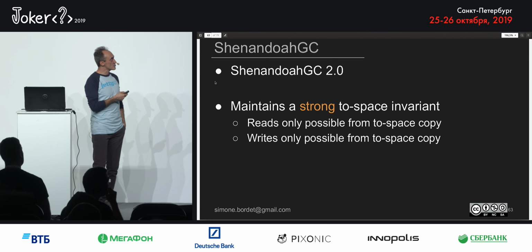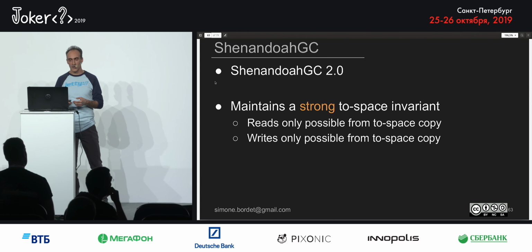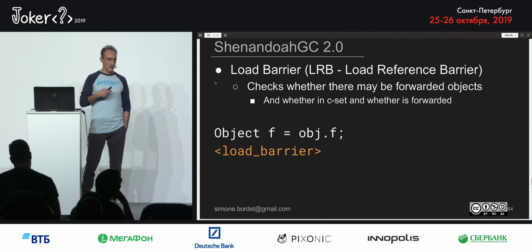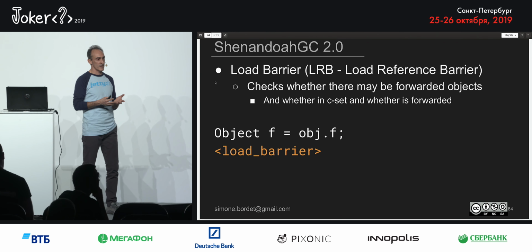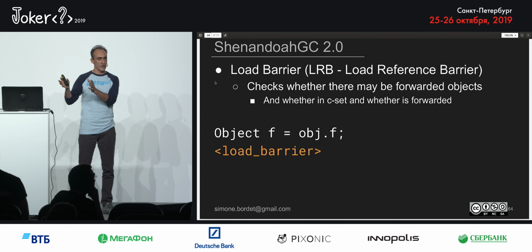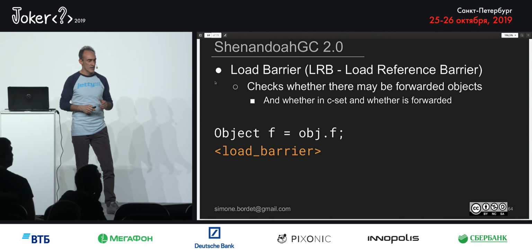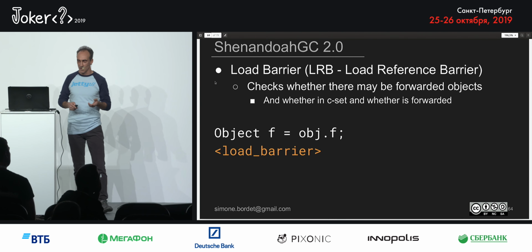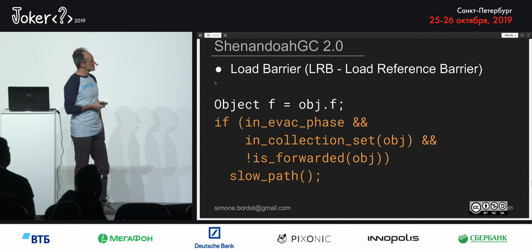And now this strong invariant allows me to simplify a number of things. In particular, what has been introduced in Shenandoah 2.0 is to maintain the strong invariant so that the to-space copy of the object is the real primary copy of the object. Then I use this load barrier. What does this load barrier look like? The first thing that I have to do is, am I evacuating objects?